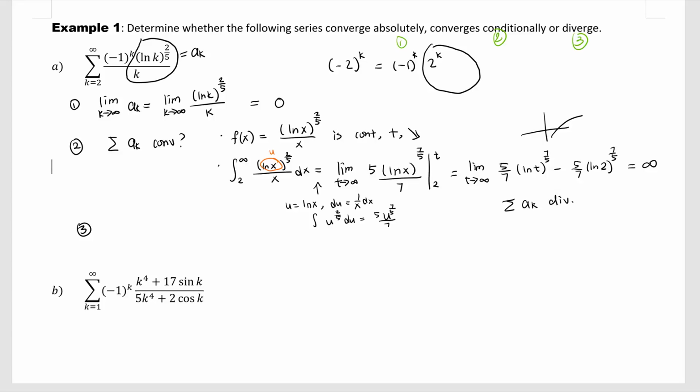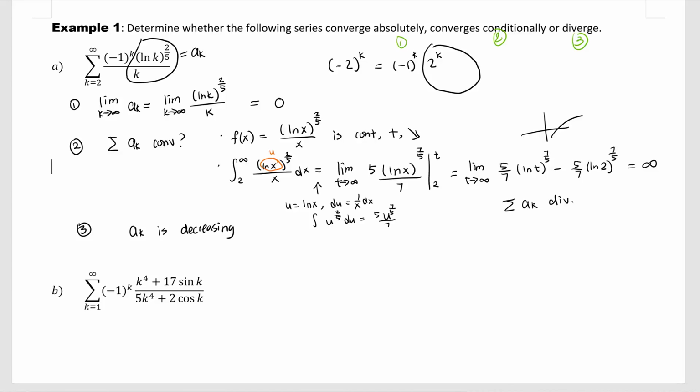In step 3, we use the alternating series test. We have to verify the hypotheses. Is a sub k decreasing? Yes, because k grows faster than ln of k, so the denominator is bigger and a sub k is decreasing.